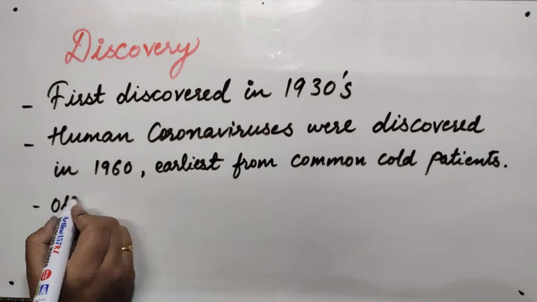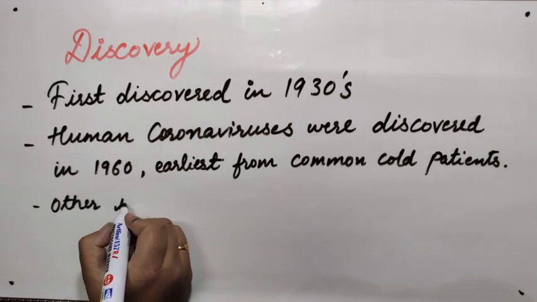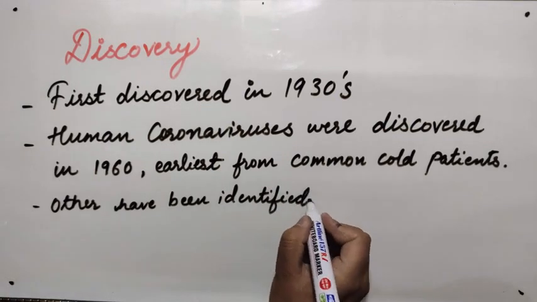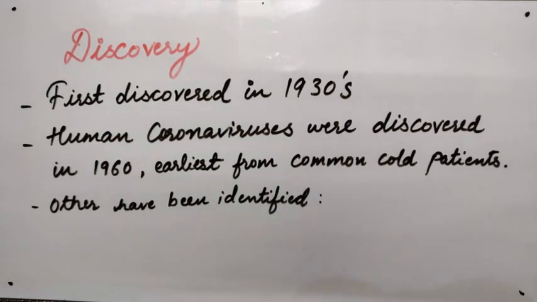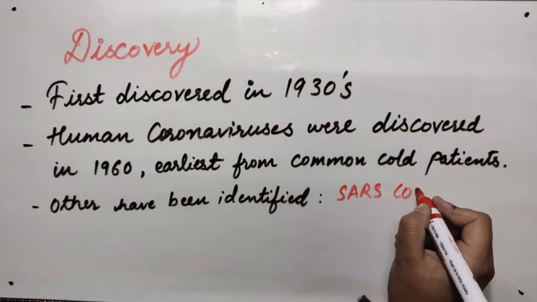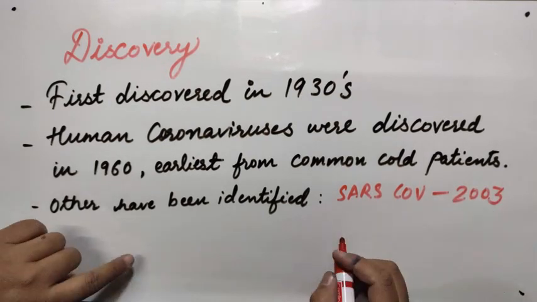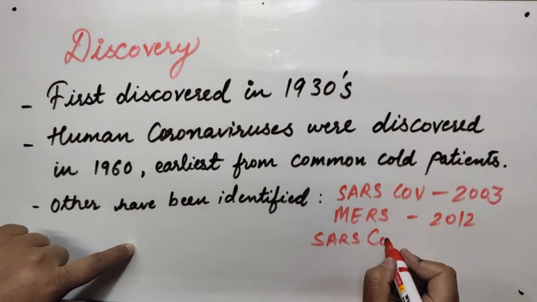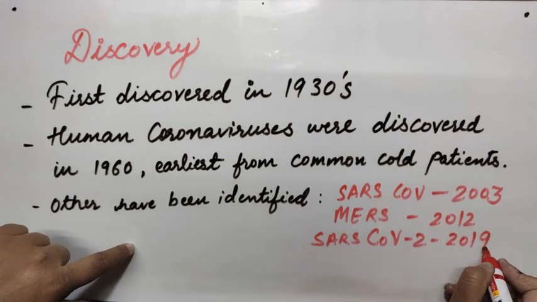Many other variants have also been identified, including the severe acute respiratory syndrome coronavirus in 2003, Middle East respiratory syndrome coronavirus in 2012, and SARS coronavirus 2 in 2019.